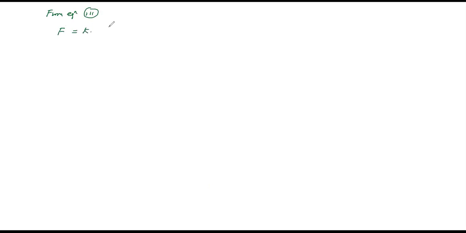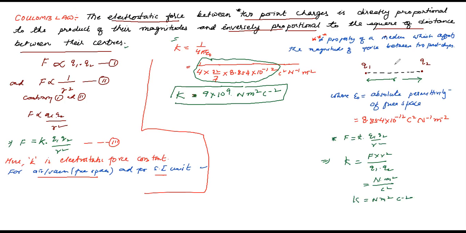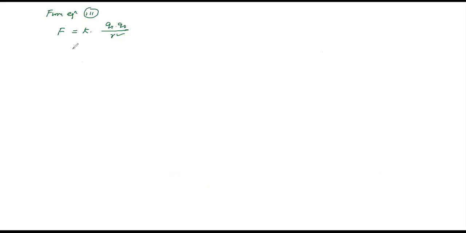Equation 3 is F equals K Q1 Q2 by R square. Since we have taken the medium as free space, air, or vacuum, and we use SI units, the value of K is 1 by 4 pi epsilon naught. So if I put that value, I get F equals 1 by 4 pi epsilon naught Q1 Q2 by R square.